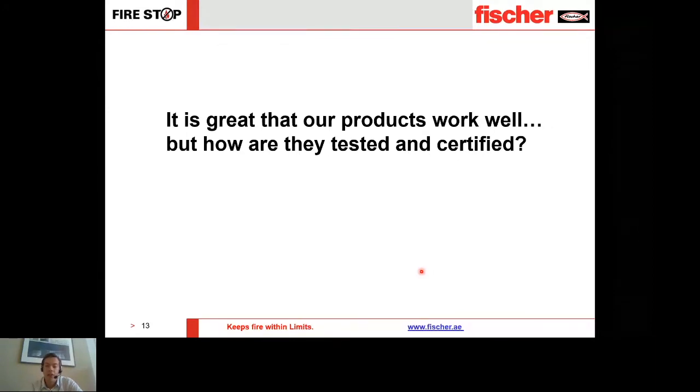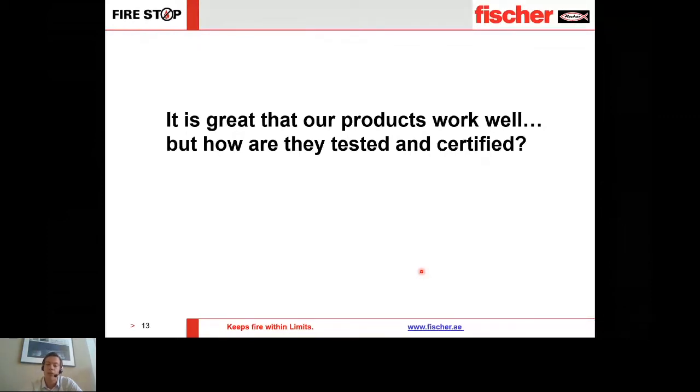And that's a valid question because in fire stopping, it is not possible to assess performance upon calculations. This is why testing and certification is really important to make sure the FIRESTOP applications are safe. Sometimes testing and certification is mixed up and the concept is subject to common misconceptions. We will clarify this today.